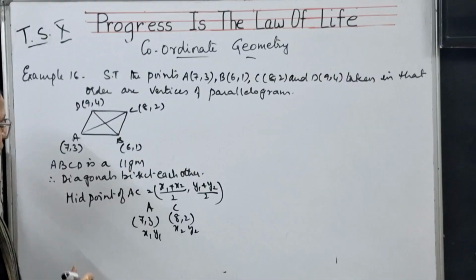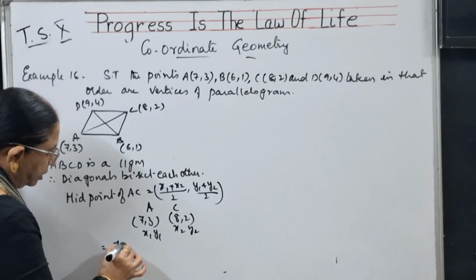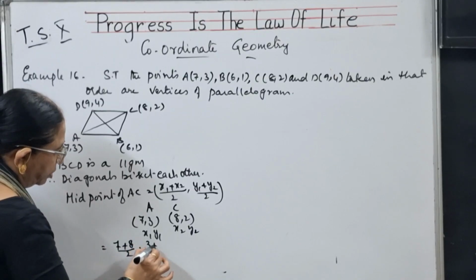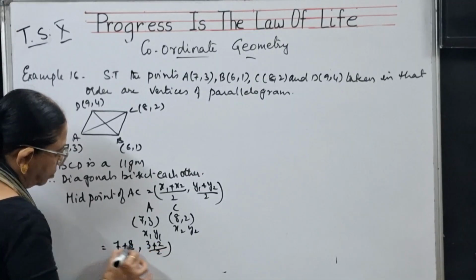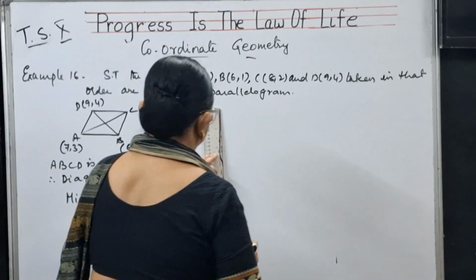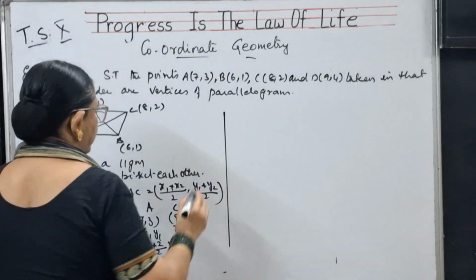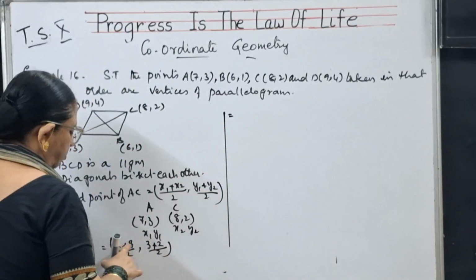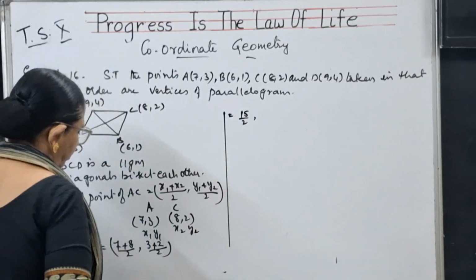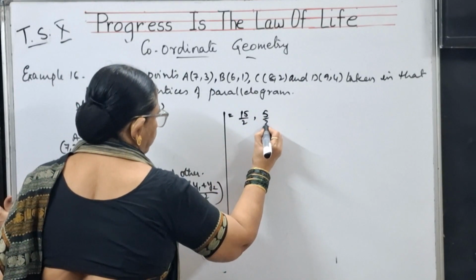So what are we getting? This is equal to (x1 plus x2)/2, comma, (y1 plus y2)/2. So how much am I getting? 7 plus 8, 15 by 2, comma 5 by 2.